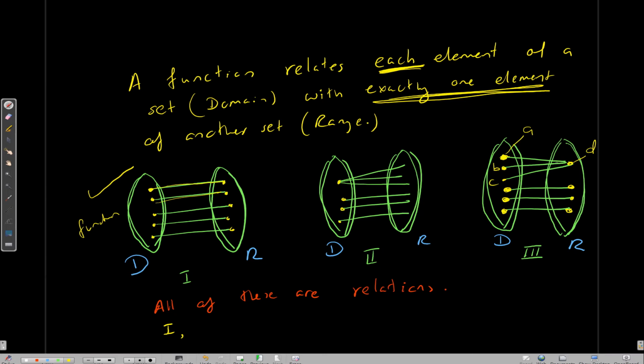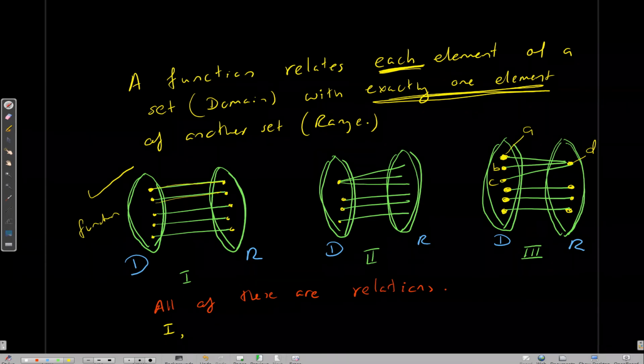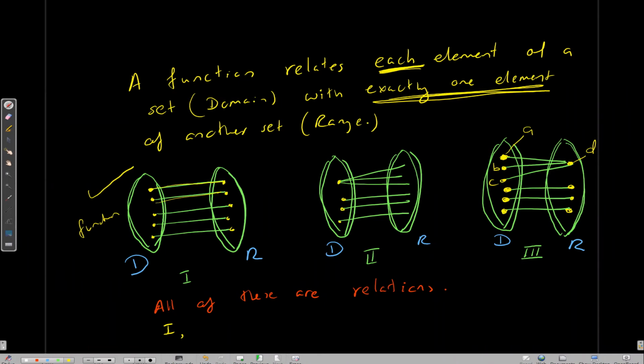B goes also to D. C also goes to D. Now again read this definition. Each element. A only maps to one element, D. B again maps to one. It's the same element, but nothing is said in that definition about that. So C also maps to one element. So yes, this is also a function. 1 and 3 are functions.